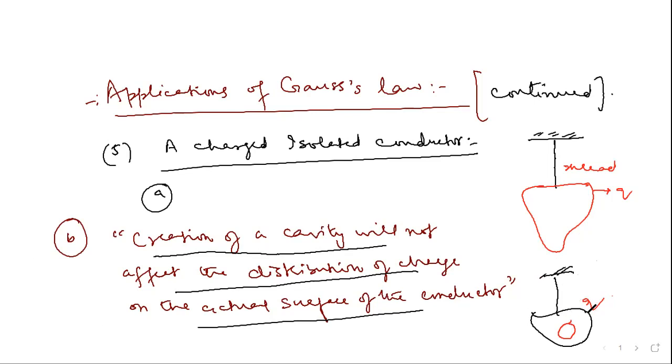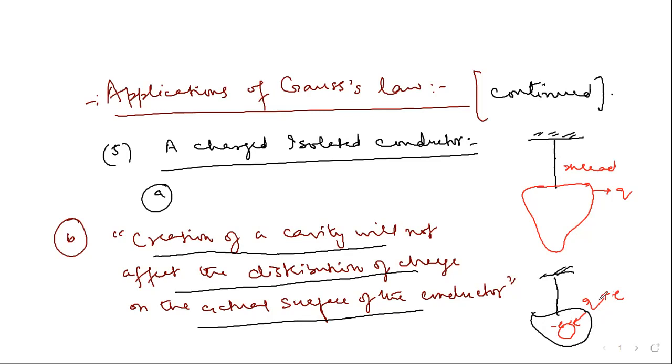For example, if one electron moves from the surface to the cavity wall, the charge on the surface will increase to plus E, because E is the charge on the electron, and one electron will disappear from the surface and appear on the cavity walls. On cavity walls, minus E charge will appear. Total charge in the conductor is still Q, because Q plus E minus E is Q, right?